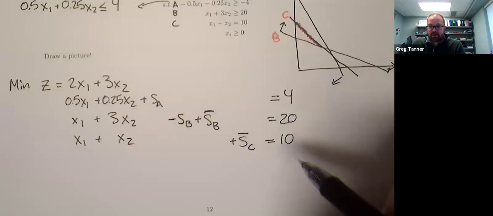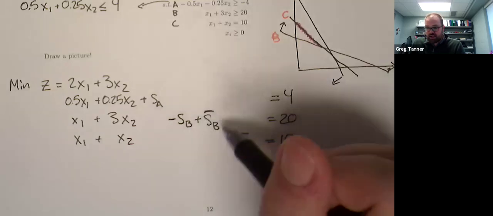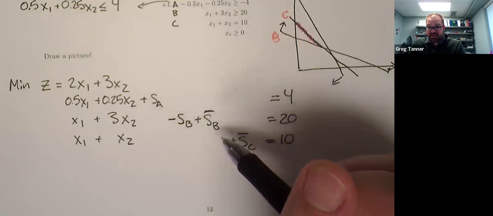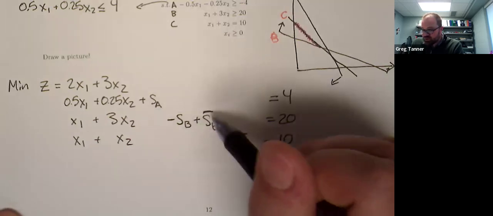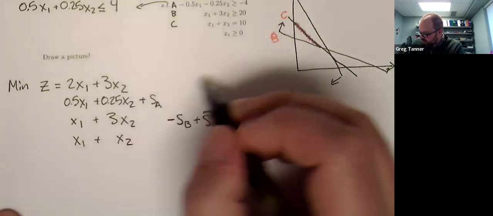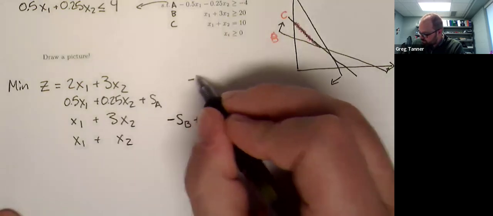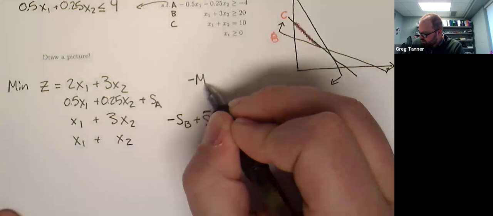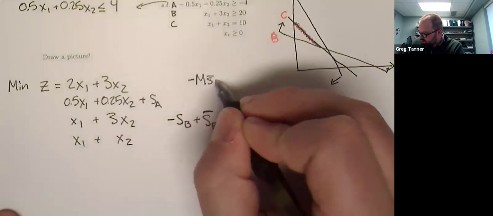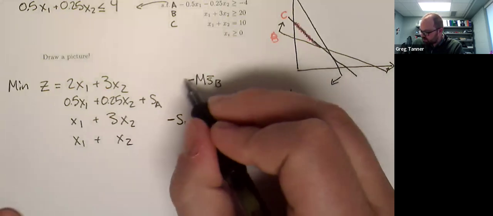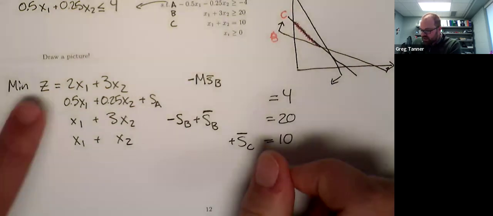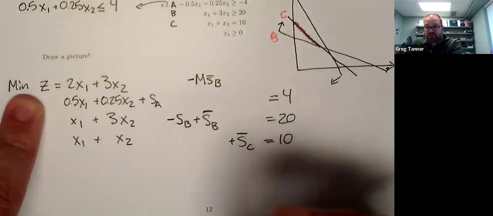Now, anytime I introduce an artificial variable, I've got to penalize my objective. I want to drive this to 0. And so I'm going to add a big M times SB bar there. Now let's think about what sign should be in front of this. I'm now doing a minimization problem.